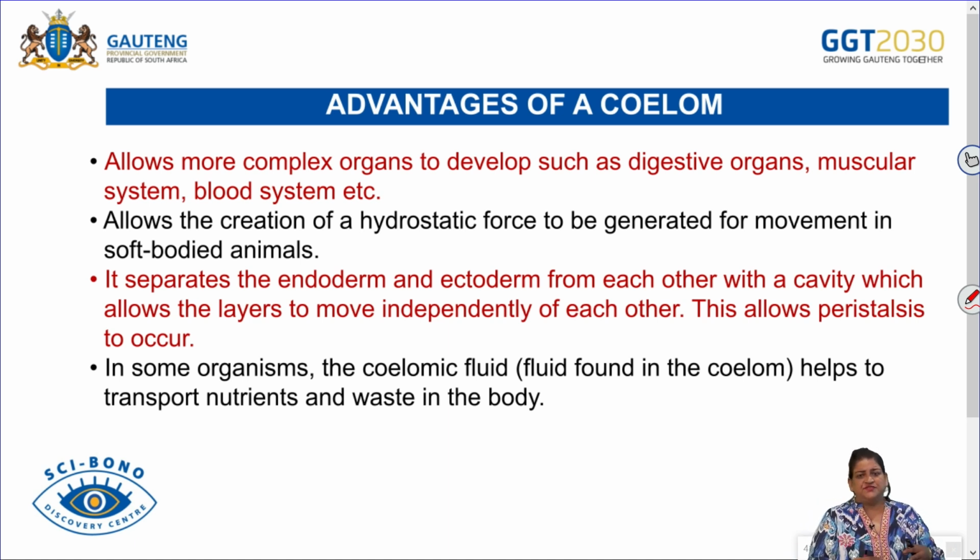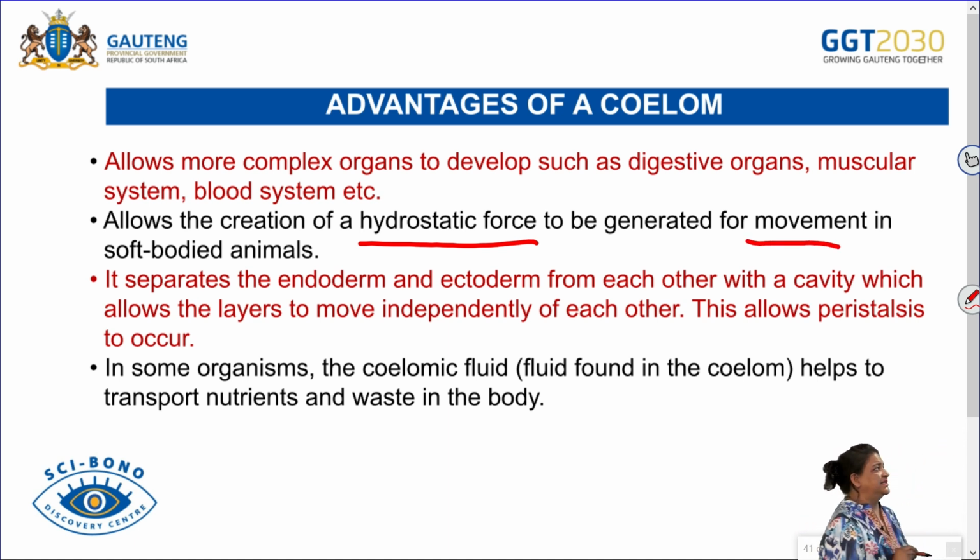So an earthworm has a proper digestive system. It has a proper excretory system because there's a coelom available. So coelomate animals have an advanced digestive system. Because of the coelomic fluid, they have a hydrostatic skeleton, a force which allows for movement.